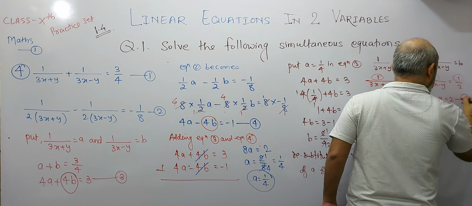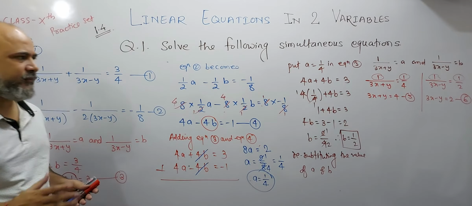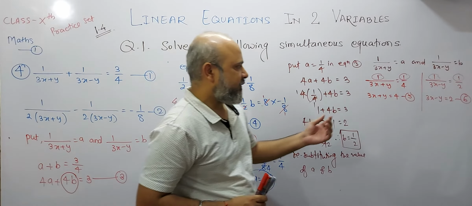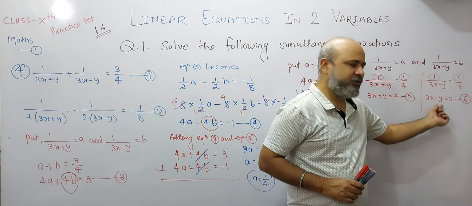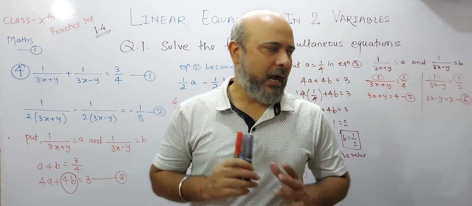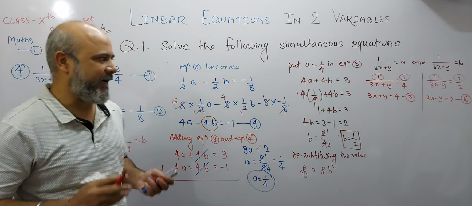This will be equation number 6. Now observe equation 5 and equation 6. In equation 5 you have plus y, in equation 6 you have minus y. It means you can add equation 5 and equation 6 to get the value of x.